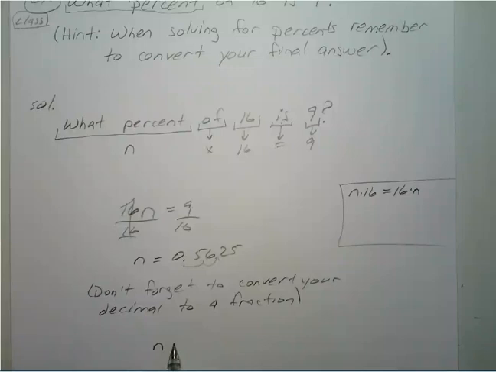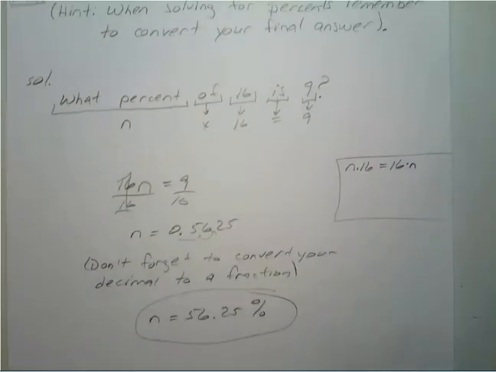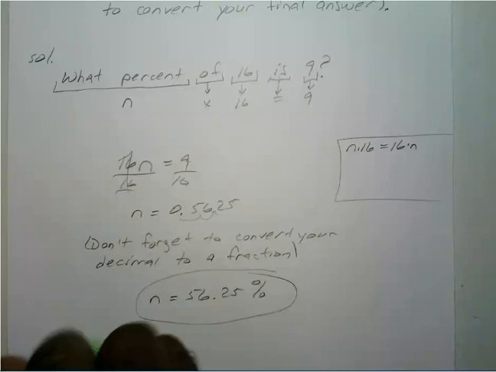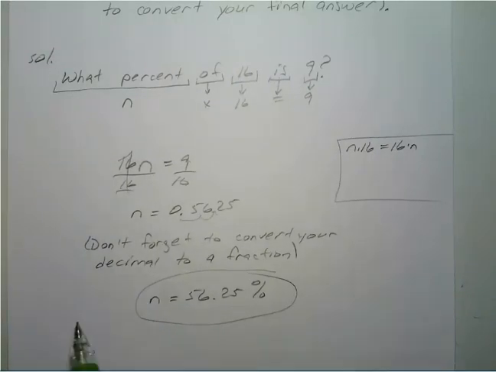So n will equal 56.25, and don't forget your percent. All right, so in other words, what does this say? Well, we're going to plug this into our original. 56.25% of 16 is 9.